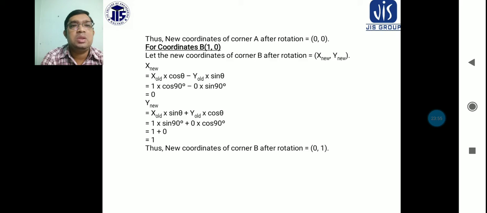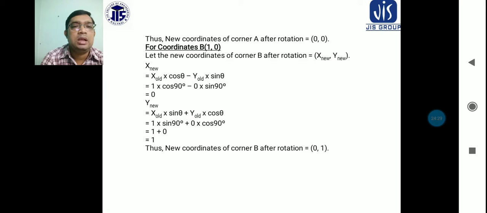Let the new coordinates of corner B after rotation be (x new, y new). The x new value is x old times cos theta minus y old times sin theta, which equals 1 times cos 90 degrees minus 0 times sin 90 degrees, and this value equals 0.